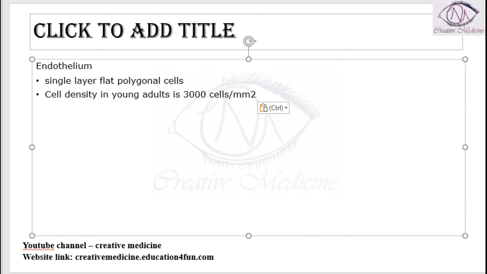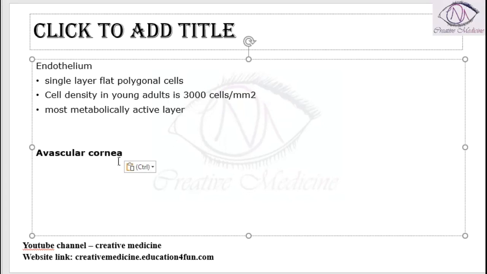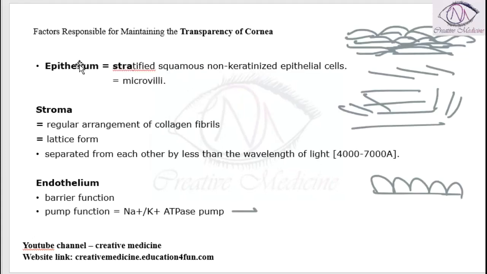This endothelium is the most metabolically active layer, so it is also responsible for transparency of the cornea. Avascular cornea is also responsible for the transparency of the cornea.